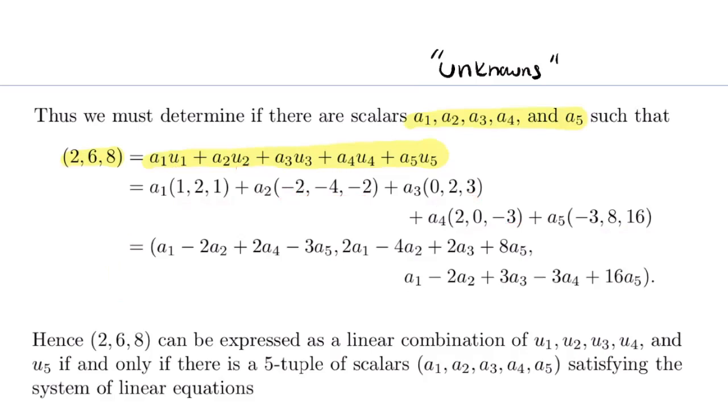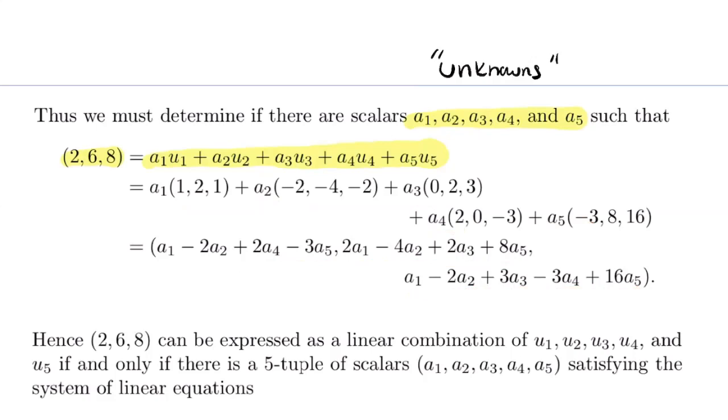Notice that in the first coordinate, a1 gets multiplied by 1, a2 gets multiplied by -2, a3 by 0, a4 by 2, a5 by -3. That's what he's writing here in this first coordinate: 1a1, -2a2, no a3, 2a4, -3a5, and so on. You do that for all three coordinates.